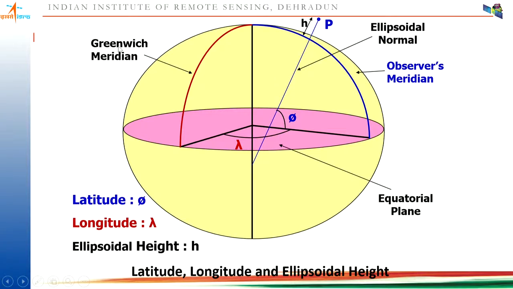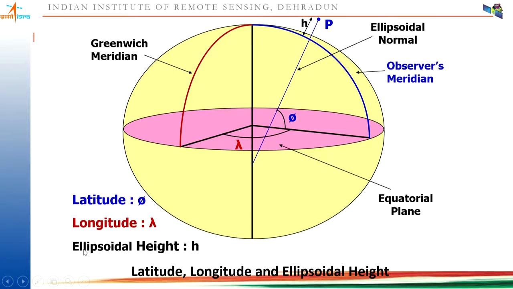We already defined the Greenwich meridian as 0 degrees, and the angle from the Greenwich meridian to the observer's meridian is called lambda, which is the longitude. Similarly, you take the upward angle from the equator to that particular line; this is called phi, and this is the latitude.